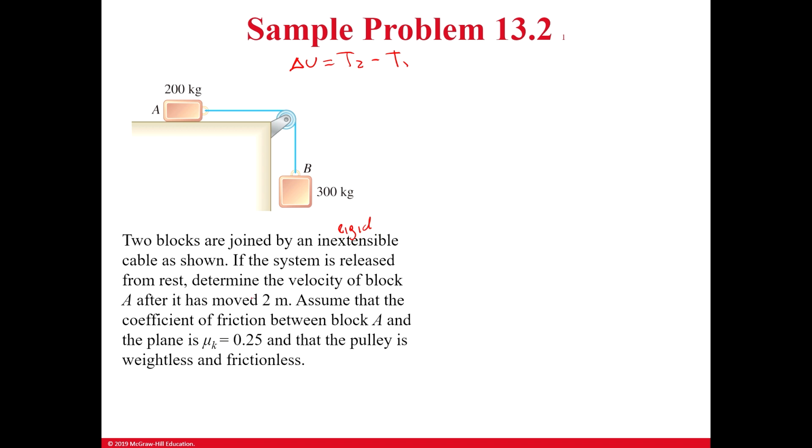If the system is released from rest, that tells us that the velocity of A at state 1 is equal to 0. Very useful to know that. They're asking to determine the velocity of block A after it has moved 2 meters. So the distance equals 2 meters.